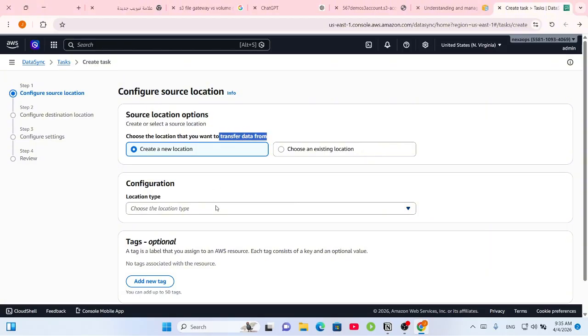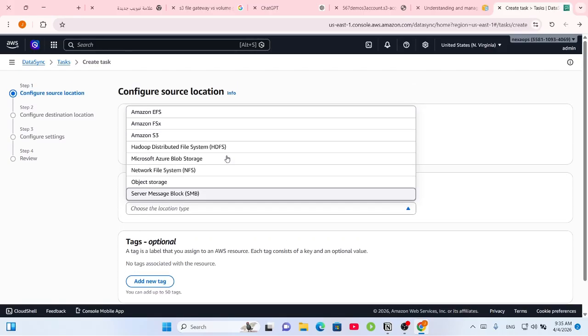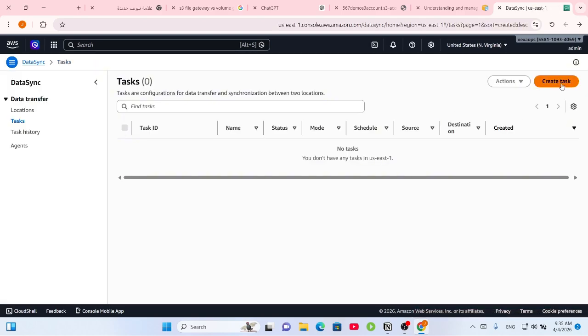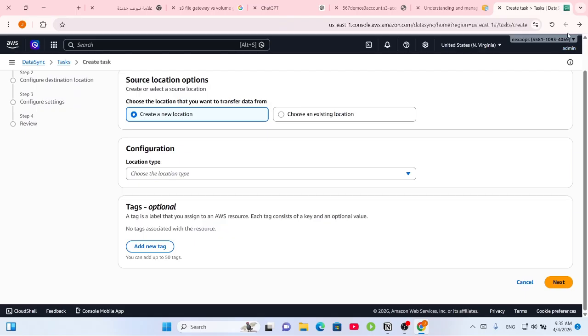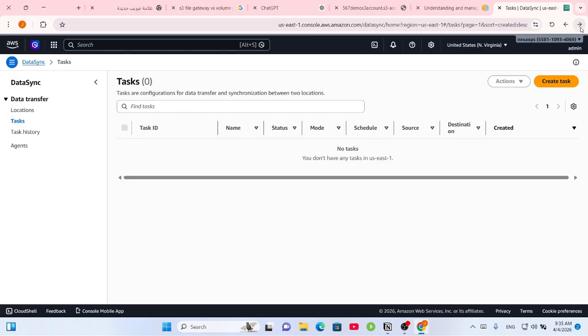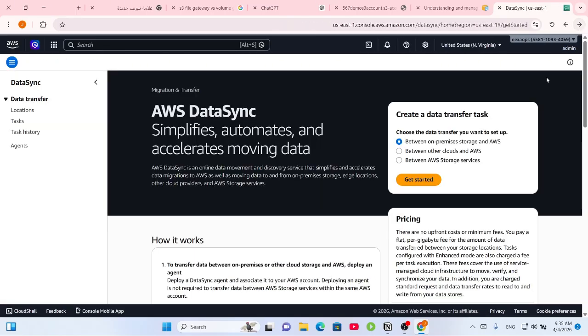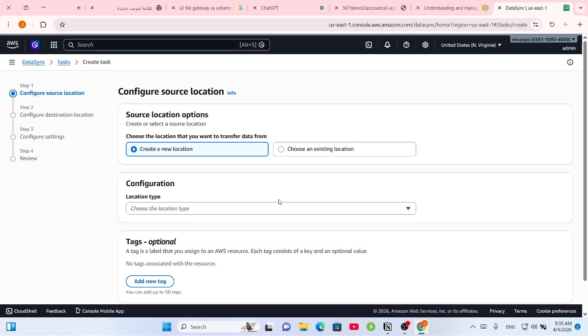I must have chosen the... you can go back here, create the task. No, this is because I chose on-premises storage and to AWS. Let's see what I get if I choose this one.